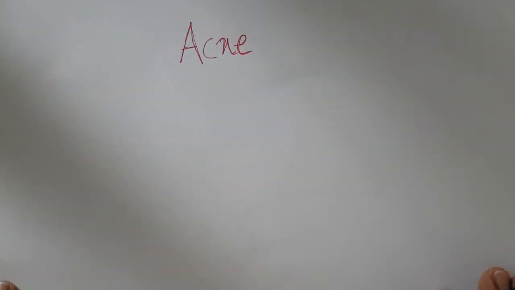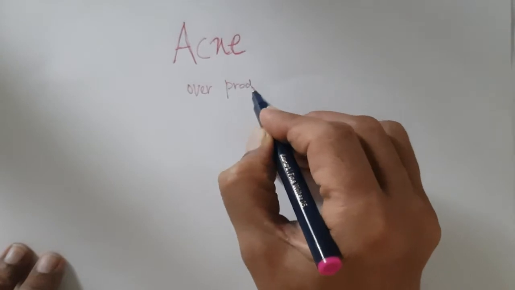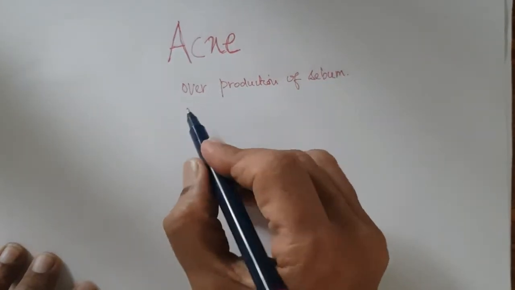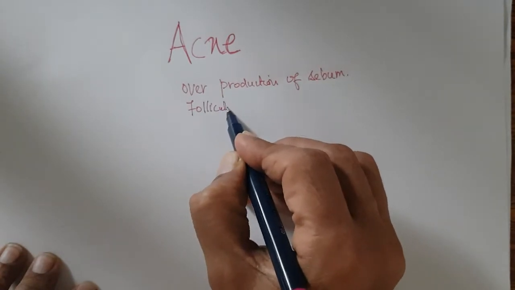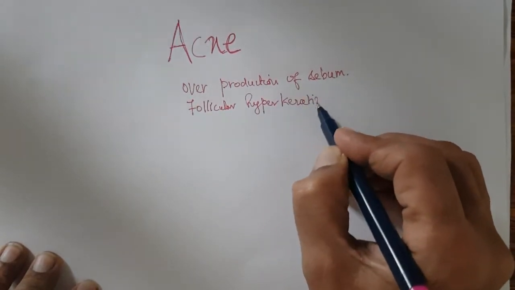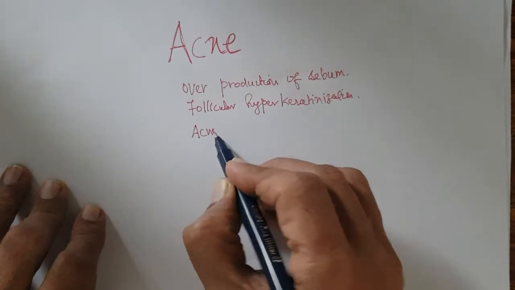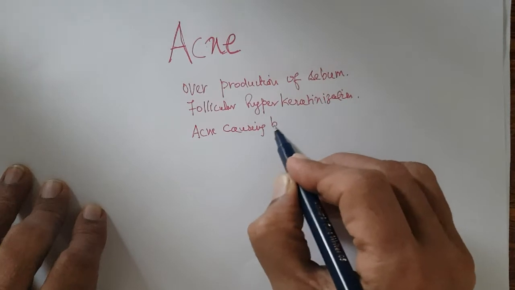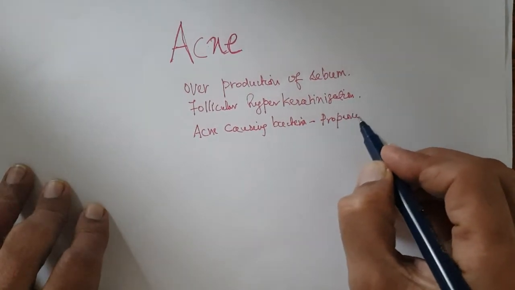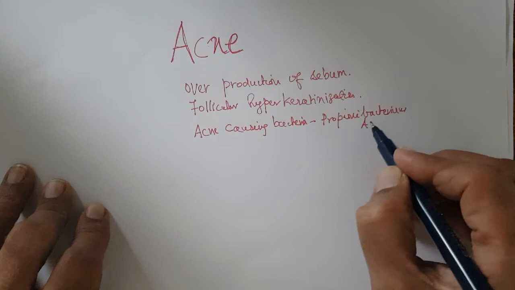The first condition is overproduction of sebum, then follicular hyperkeratinization, or the presence of excess acne-causing bacteria, Propionibacterium acnes, right?